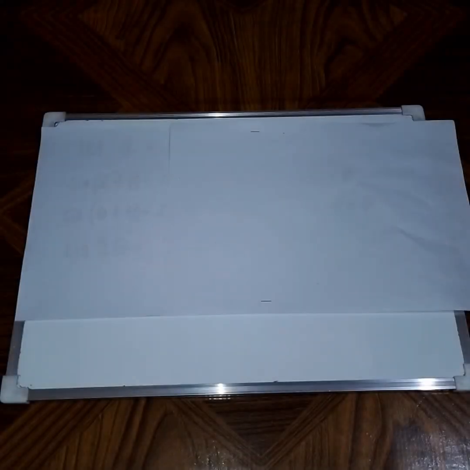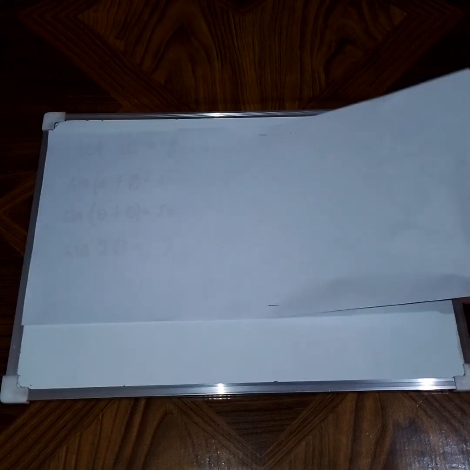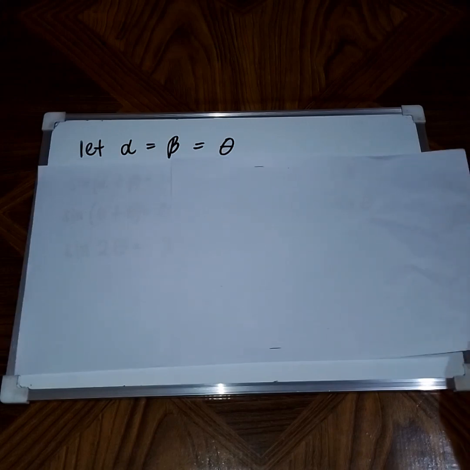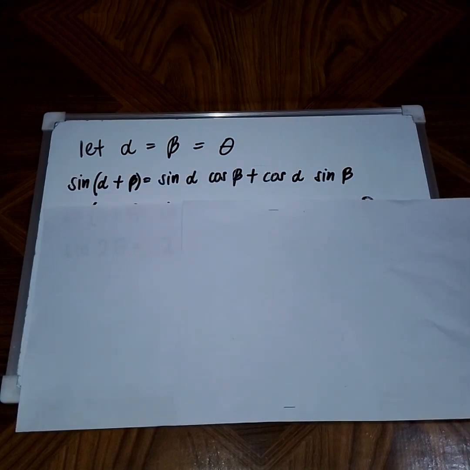So, let's start sa sine double angle. Ang gawin natin, si alpha, gawin natin equal to beta, equal to theta. So, yung sine alpha plus beta na equal kay sine and cosine, lahat ng alpha at beta, palitan natin ng theta.